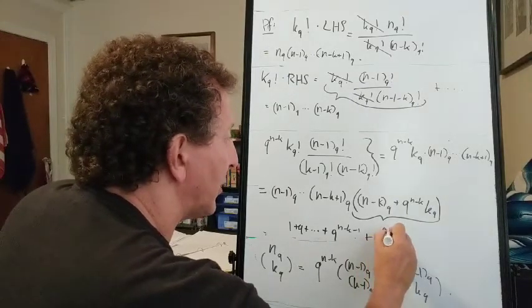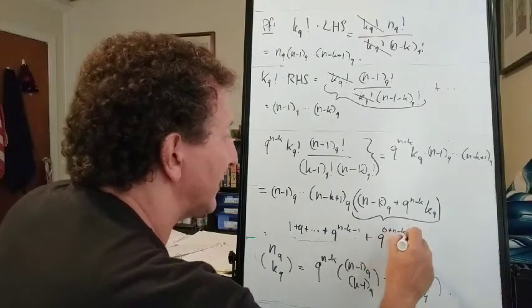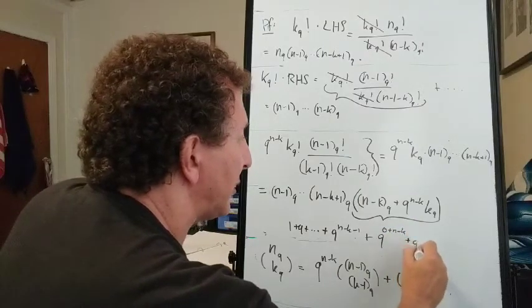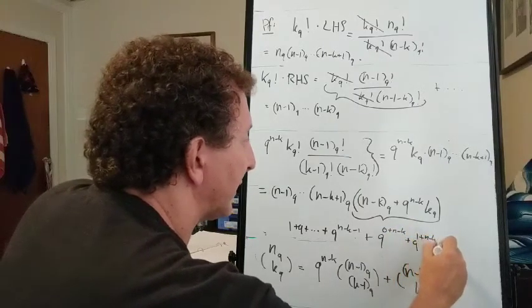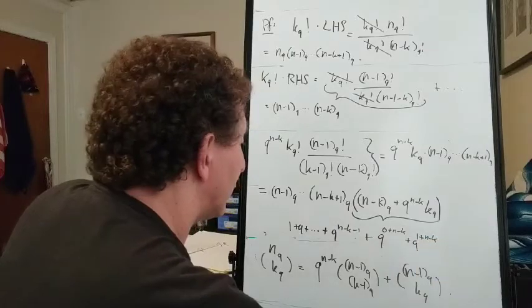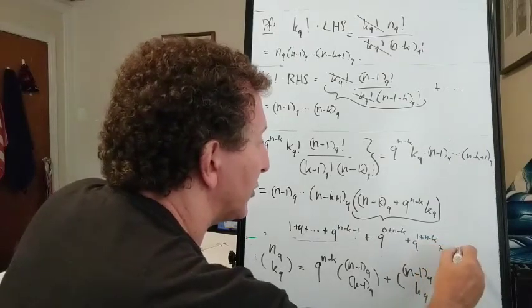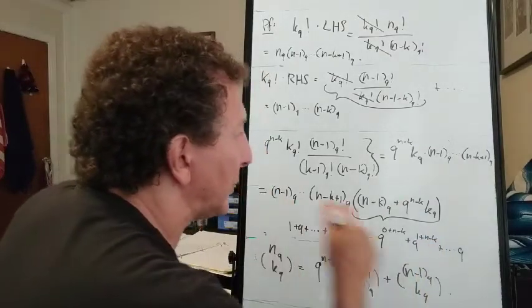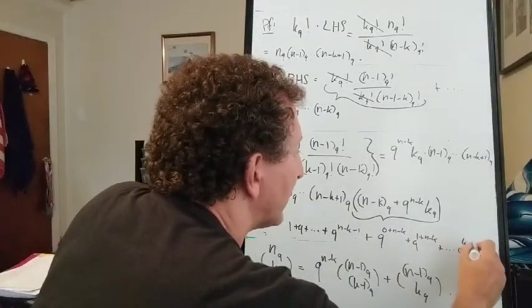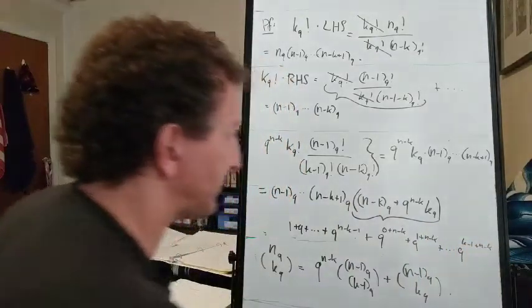So q to the 0 plus n minus k, plus q to the 1 plus n minus k, all the way up to q to the k minus 1 plus n minus k.